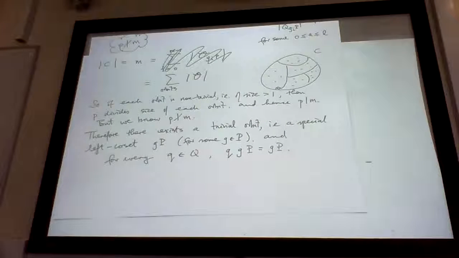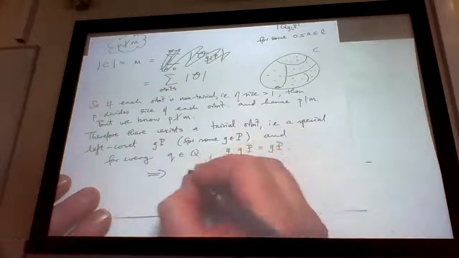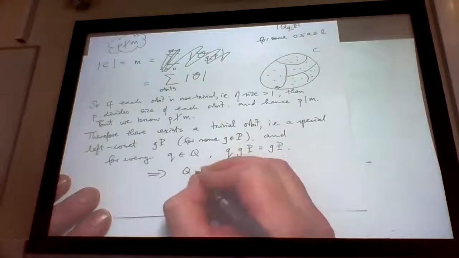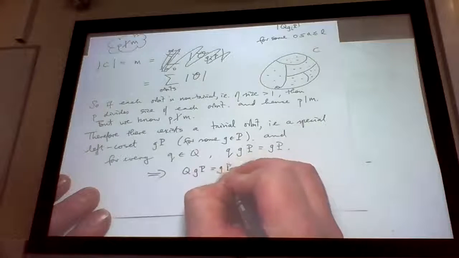It never moves the left coset to a different one. It fixes it. This implies that on a setwise product level, we can say QgP equals gP.